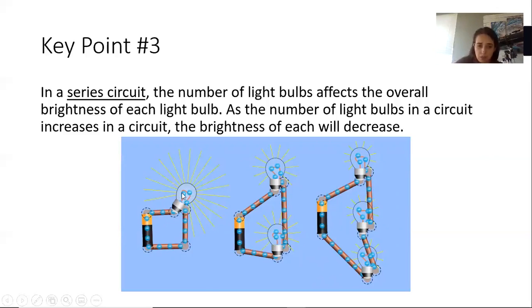With only one light bulb, the brightness is represented by the length of my light rays. So one bulb is really bright, 2 bulbs is a little dimmer, and when I have 3, it's a little dimmer, and so on and so forth. Okay, so take the next few seconds to write this down into your notes as well.